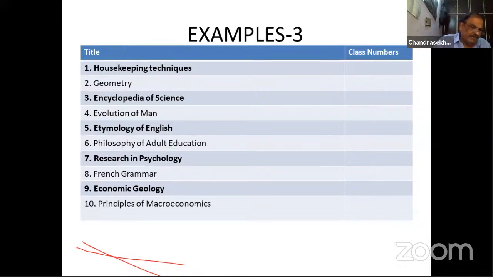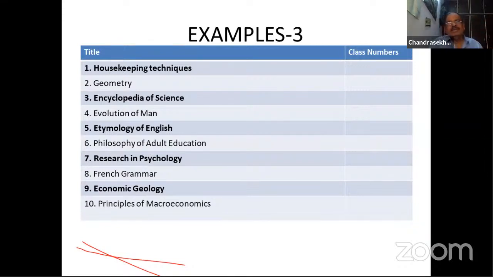That means the base number he has taken, 5 is the base number for science, 03 is dictionary. So you have to give the number 503. In the schedule, he has already assigned 503 for dictionaries, encyclopedias, and concordances.